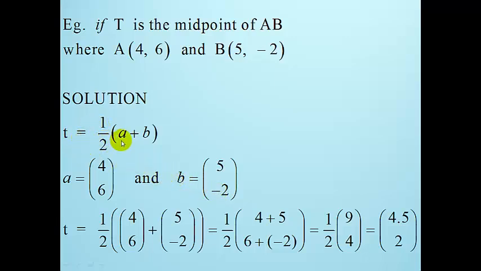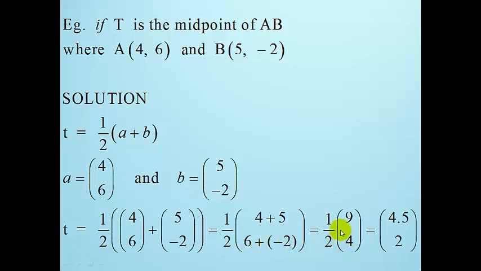So t equals half of A plus B. Now t will be equal to half of (4, 6) plus (5, -2). So this is equal to half of (4 plus 5, 6 plus -2). Now when we add 4 to 5, the result is 9, and 6 plus -2 is equal to 6 minus 2, that is 4.